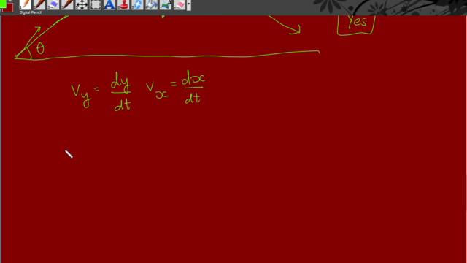First, let's look at the kinematic equation for the y position. As a function of time, assuming the initial y position is 0, it is v y naught t minus 1 half g t squared, which can be written as v naught sine theta t minus 1 half g t squared.